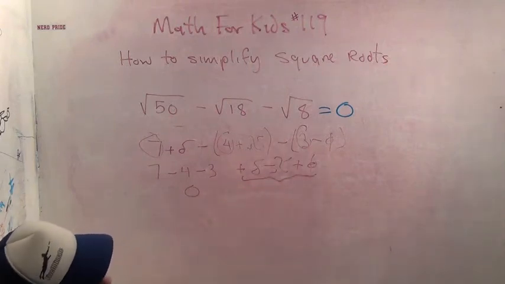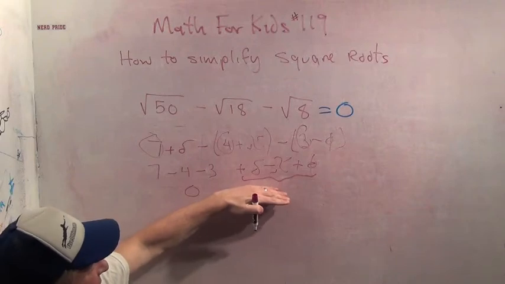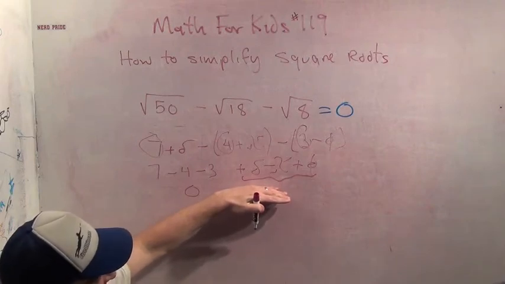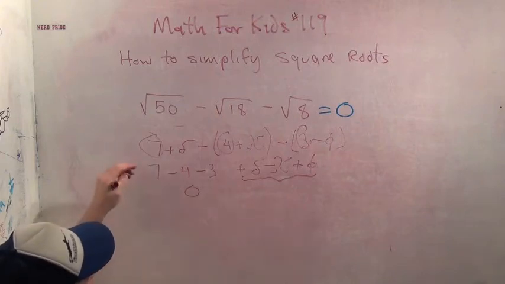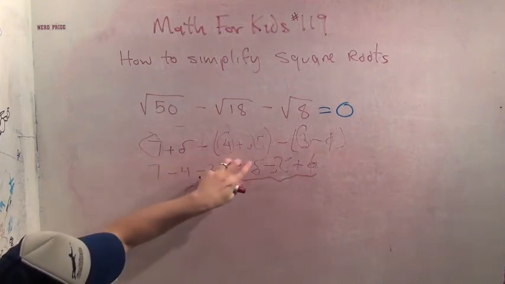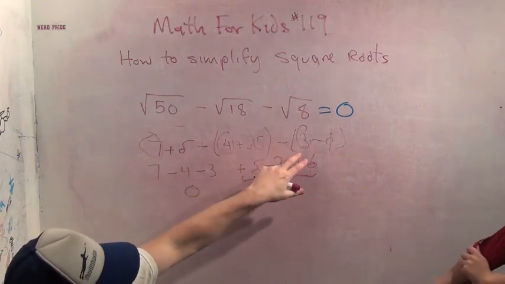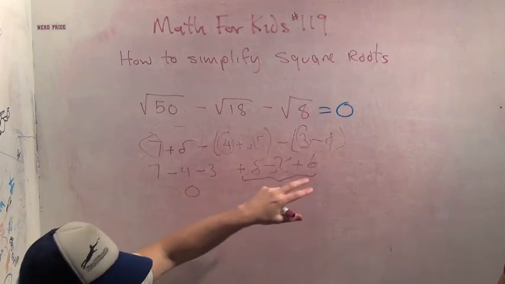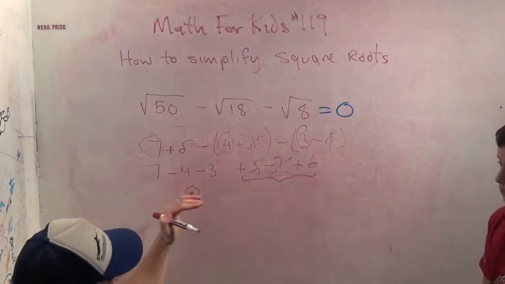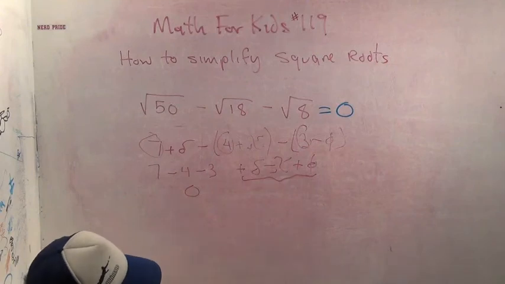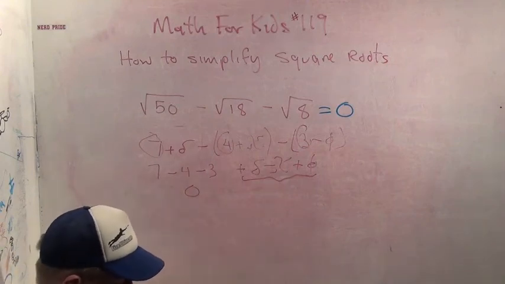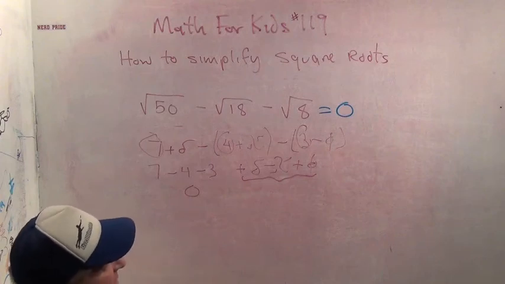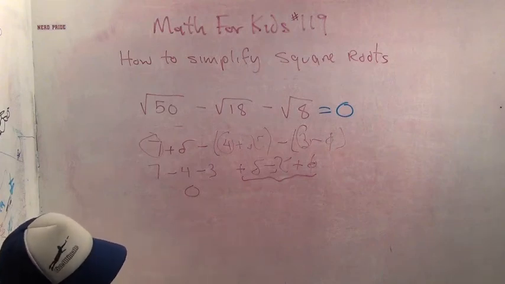This just tells us, looking at it in a silly way like this, that this is really close to 0. This one's a little bit bigger than 7, minus something a little bit bigger than 4, minus something a little bit less than 3. So we can tell right from the beginning that it's close to 0. But if we work through the math carefully, we find that it's exactly equal to 0. That's pretty neat, right?